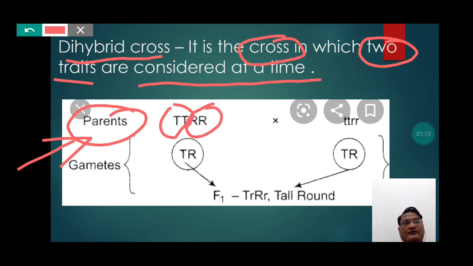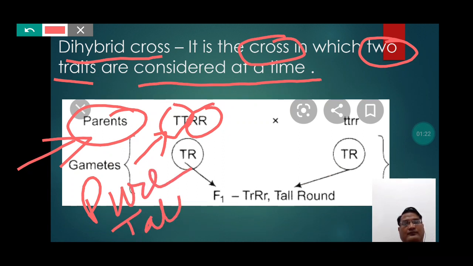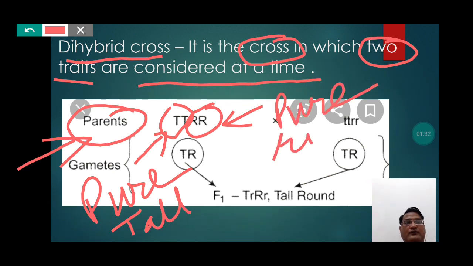In the male, the first category of the genes represents pure tall plant, and the second trait, the parent, represents pure round seed. So students, here two traits are being considered, which clearly can be noticed here.